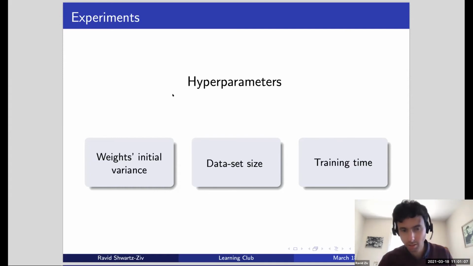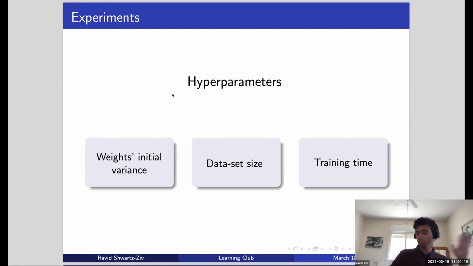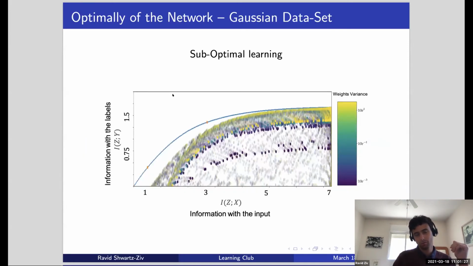The second thing is the dataset size. What is the number of trained examples? And the third thing is the training time. For each number of steps, we have different representation and different results. Okay, so we played with them, and let's start with a Gaussian data.